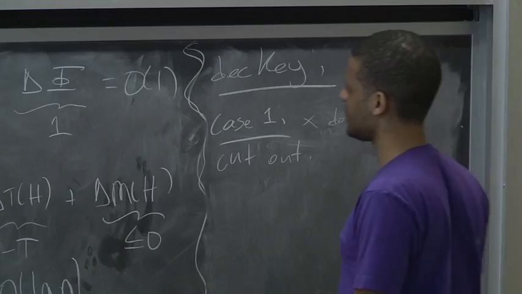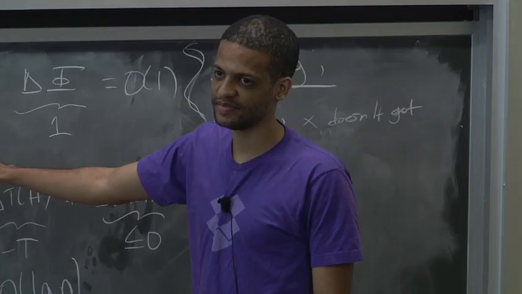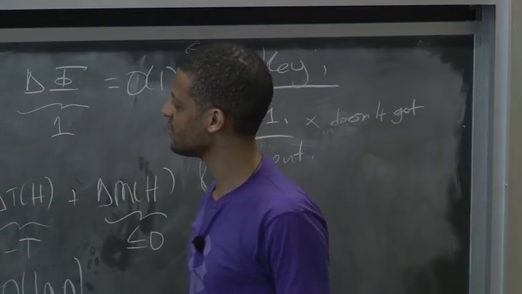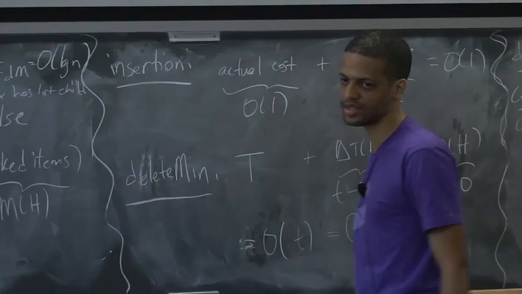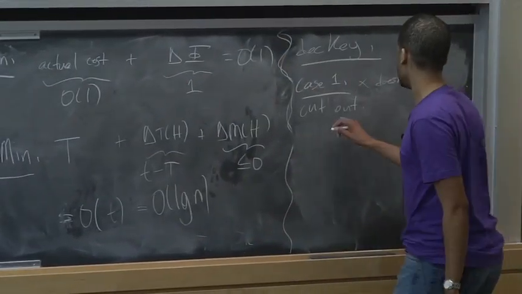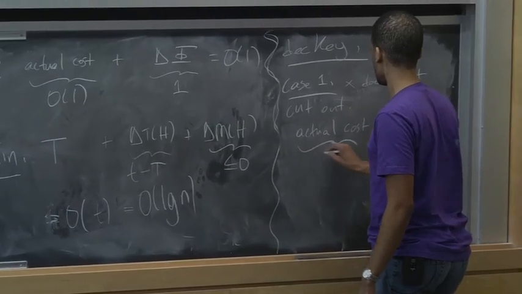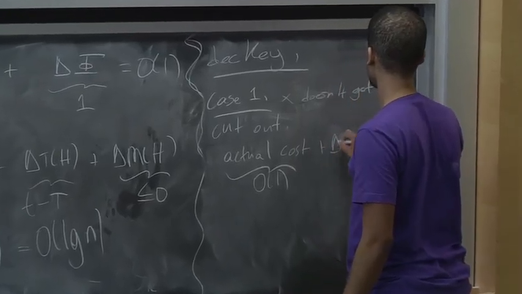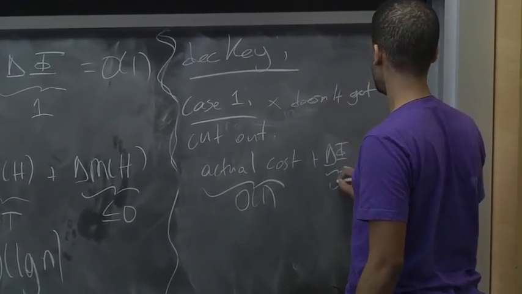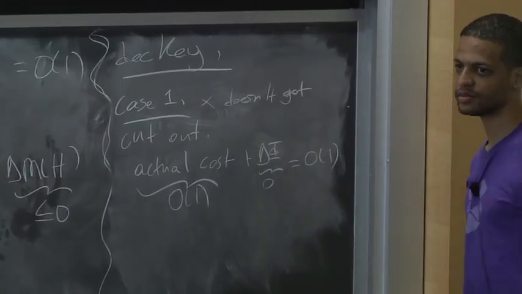Then the actual cost is a constant. The difference in potentials, we don't change the number of trees, we don't change the number of marked items. So the actual cost is a constant, plus the difference in potential is 0, so this is just a constant.